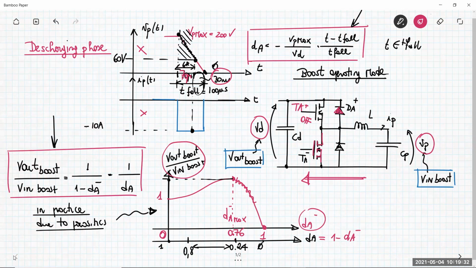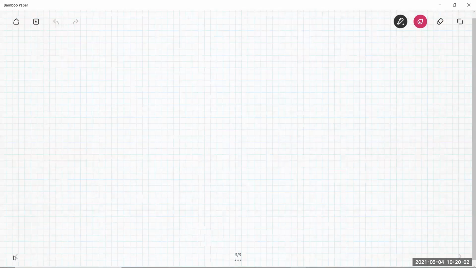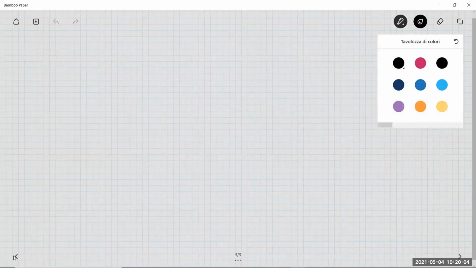So what happens is that there is a phase in which you are recovering energy, exploiting the boost operating mode, and then there is a fraction, which is not so small, 30% of T fall, in which this energy cannot be recovered. The energy cannot go through the supply, so you have to dissipate it somewhere.